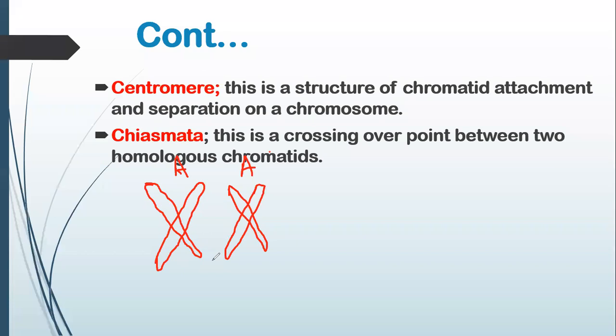Now, in meiosis, we are going to see that these two chromosomes can pair up. They will occur in pair. They will attract each other, and then they end up coming close to each other, so that their segments, these chromatids, will end up coiling. Even here, this will end up also coiling with this, so that you form such a structure.